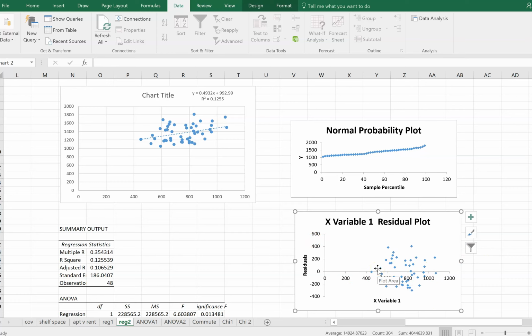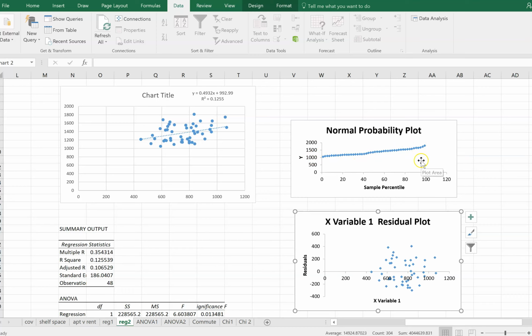I can also do the NPP plot. See, the normal probability plot takes our data and puts it into a one-to-one plot against where it should fall in the normal distribution. If my data points fall roughly in a normal distribution, this line would be roughly, not horizontal, but linear. I mean, it looks like a line.